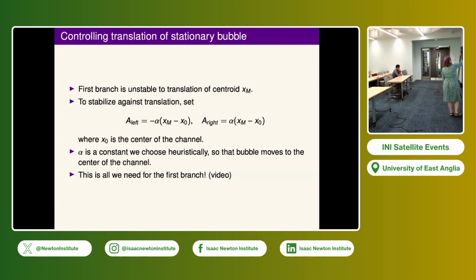We know that we need to move it towards the middle of the channel if we set this up perfectly level. So alpha is just a constant, which we choose heuristically, which means Samuel tries some different values until it moves to the middle of the channel. And that's actually all we need to do to get most of that first branch, is to just move it back to the middle of the channel.